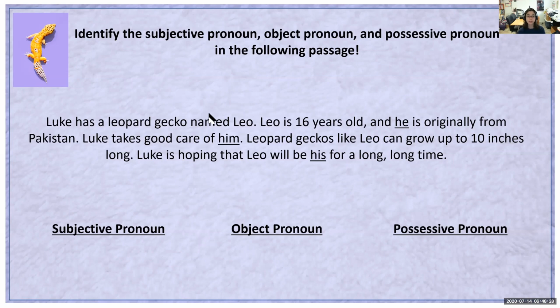Okay, so on your piece of paper, I would like you to write down subjective pronoun, and then objective pronoun or object pronoun, and then possessive pronoun, and leave a little space in between each one so that you can write the pronouns underneath each list. So pause the video and write subjective pronoun, objective pronoun, and possessive pronoun.